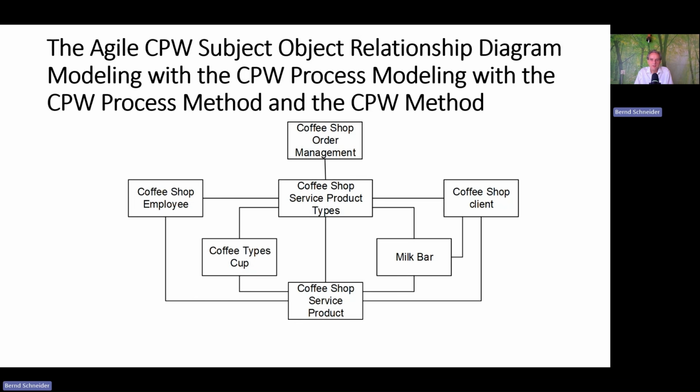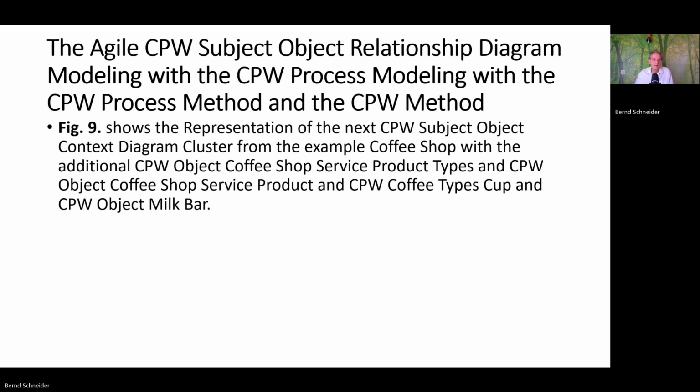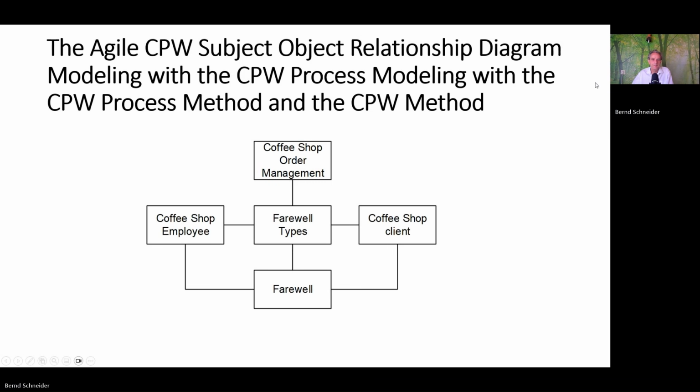Furthermore, we have coffee shop types cup and milk bar. What we see here is that milk bar has a relationship to coffee shop client, but no relationship to coffee shop employee. But later on, I will tell you more about it. Here's the description from figure 9.